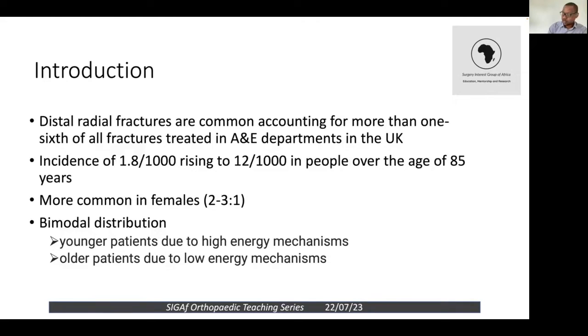Typically these were described in the past as mostly seen in postmenopausal women, so there is a high incidence in females compared to males, as demonstrated there. We do get a bimodal distribution. In younger patients, it tends to be a high energy mechanism, whereas in older patients, it's usually a simple fall or low energy mechanism.